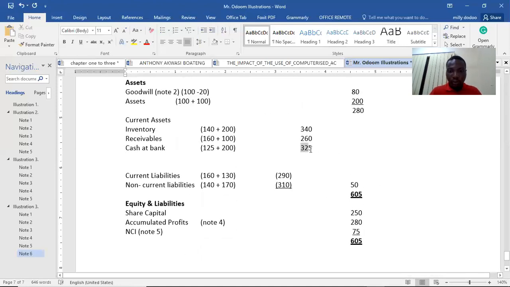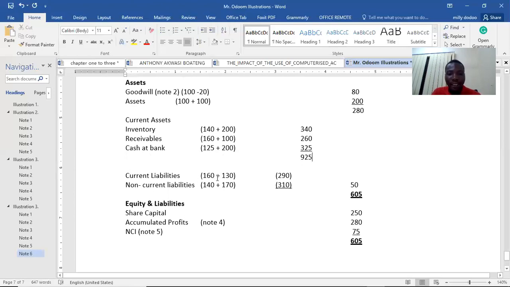So the total of this should be equal to 340 plus 260 plus 325, so 925. So 925 is the answer.